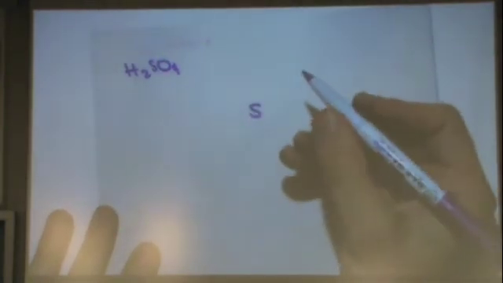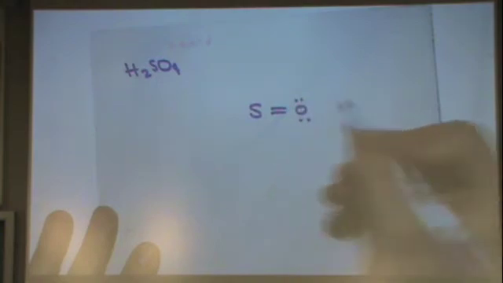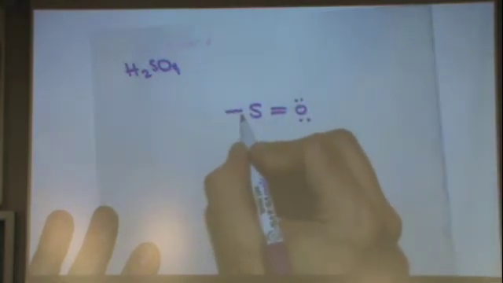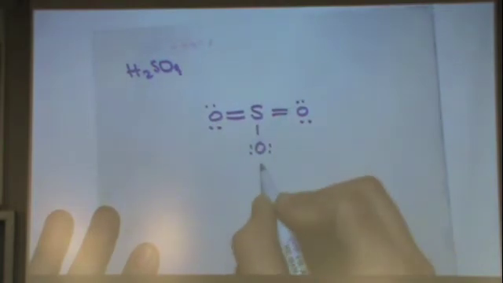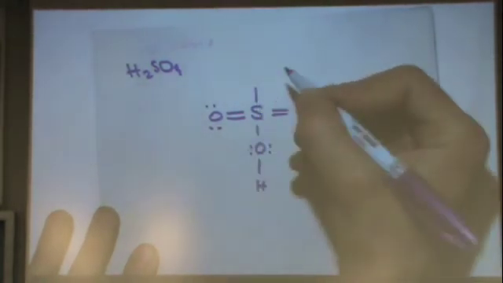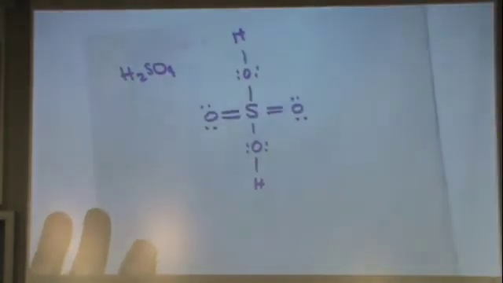You should have got for the Lewis structure the following. You should have got that. It could be rotated in space, but that's what you should have got. That's the best Lewis structure.